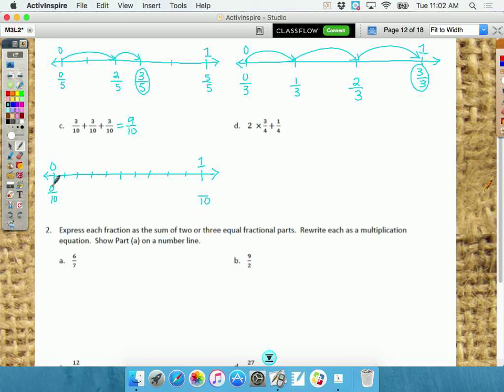And I'm labeling my end marks, or my end points. And then I only have to label every third one. So I can maybe count by threes. So 1, 2, 3. Watch where I point. 4, 5, 6, 7, 8, 9.